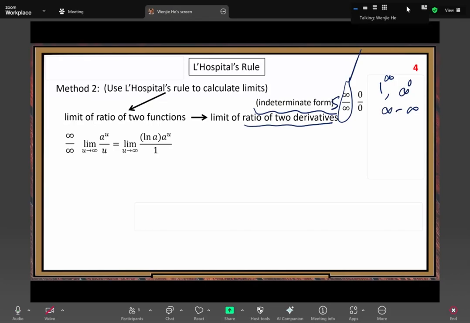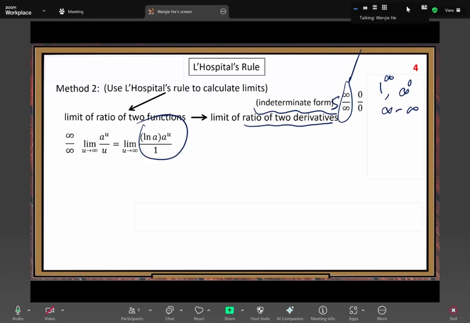After this step, with this new ratio, we can see its limit immediately. Because other than the constant, we have the original exponential function.